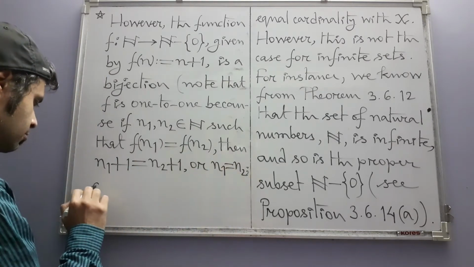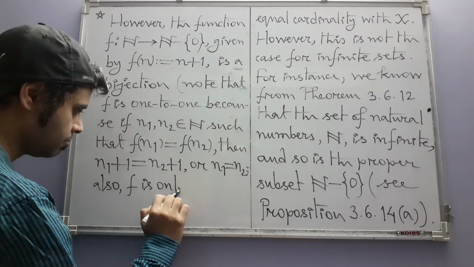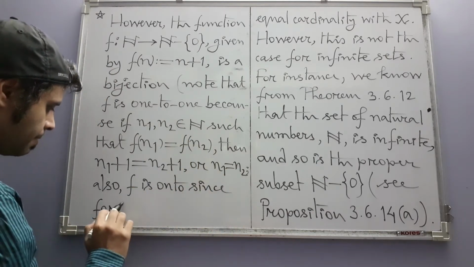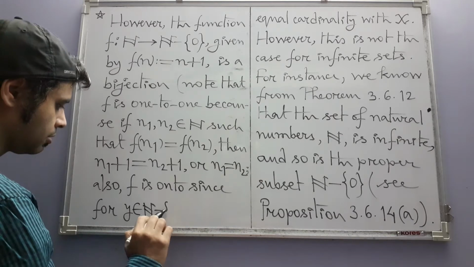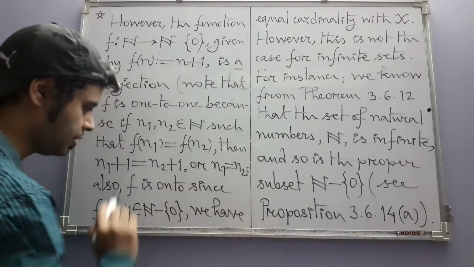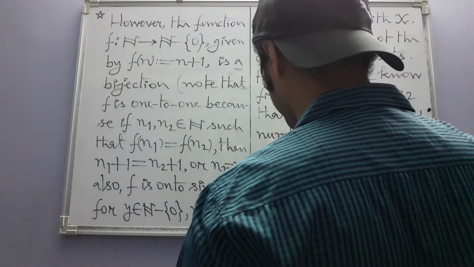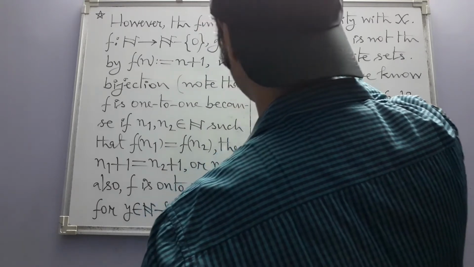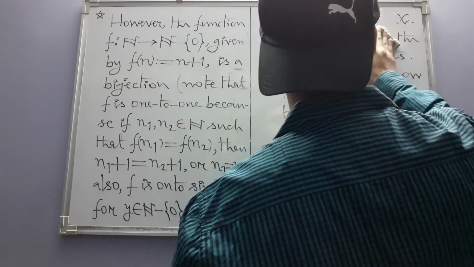Also, f is onto since for any y belonging to N minus 0, we should get an inverse image for this element under f. If we do, then that means every element of the second set, that is N minus 0, has an inverse image, so the function would be onto.